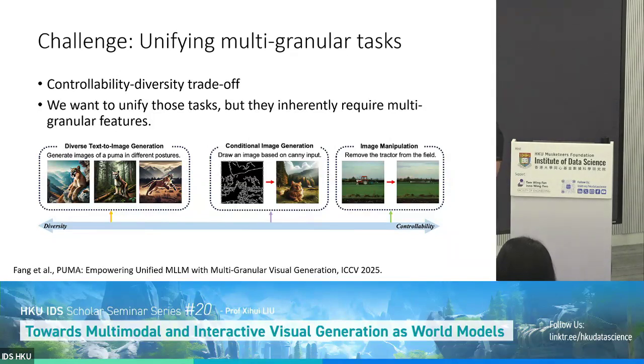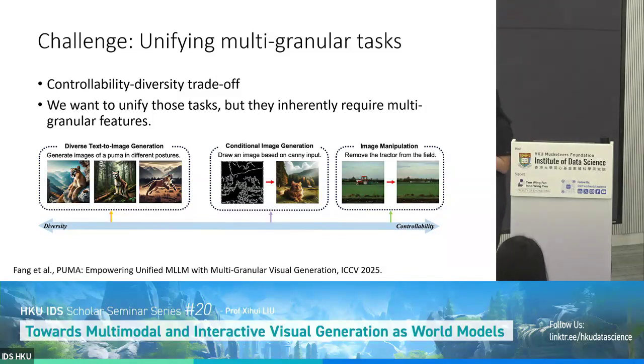For example, text-to-image generation requires large diversity, so it requires rough control over the final output, and the diffusion model has to generate a lot of details to have high diversity in the results. On the other hand, image editing requires very high controllability, and diversity is not a very important thing.